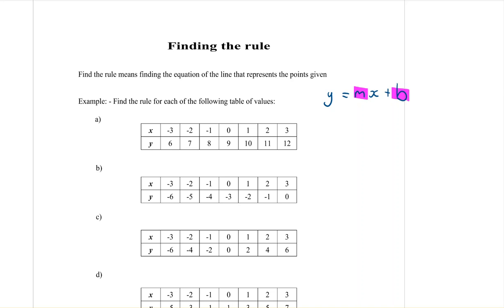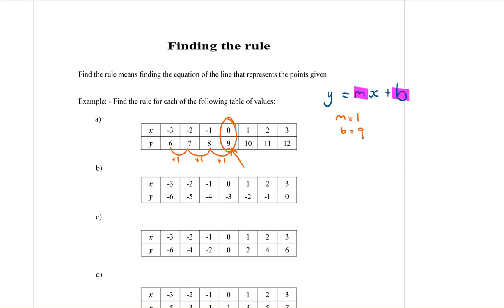Okay, so let's try ours. What are these y values going up by as I go across here? 1. So every time it's plus 1, plus 1. So that tells me that m is going to be equal to 1. The b is the number underneath the 0, which is what number? The 9. So b is equal to 9.